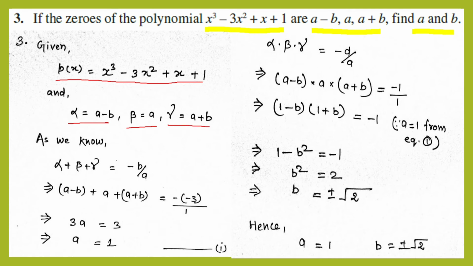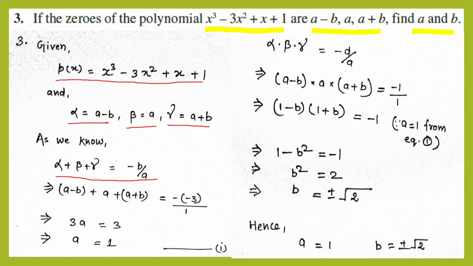As we know that there is a relationship that sum of the roots is equal to minus b by a in case of cubic polynomial. So alpha plus beta plus gamma is equal to minus b by a.